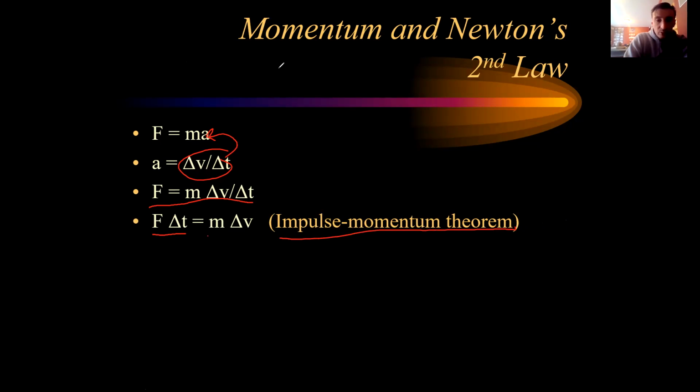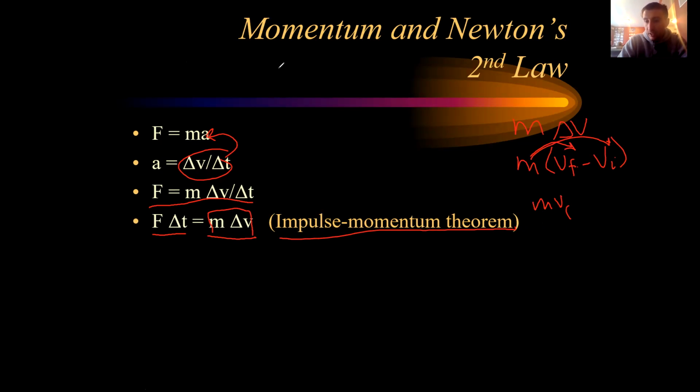F delta t equals m delta v. Well, m delta v is change in momentum, right? It should be, because if I look at this, m delta v, well, delta v is v final minus v initial. That makes sense. So if I multiply in, I get mv final minus mv initial. Well, what's mass times velocity?